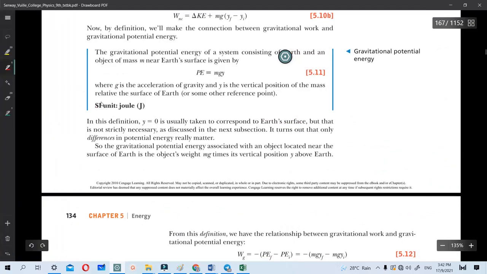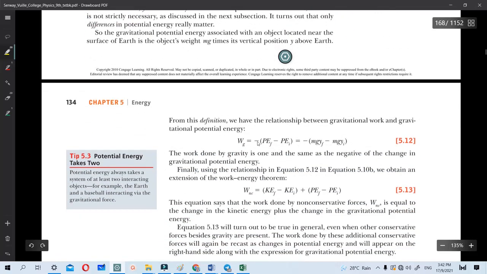Again, this is an additional concept of gravitational potential energy. It has the same unit as work, which is joule, the same unit as kinetic energy, which is joule as well. This is the one that I have mentioned earlier.